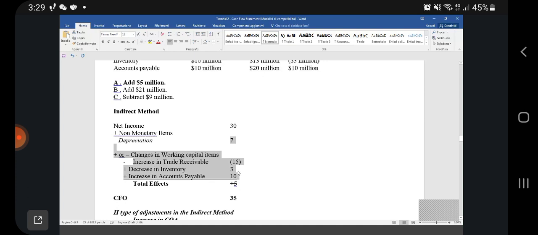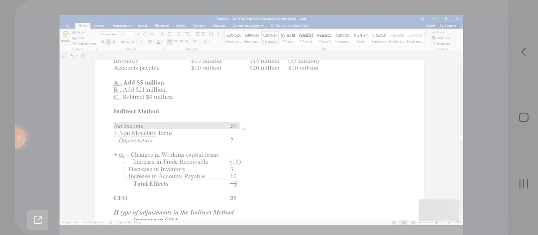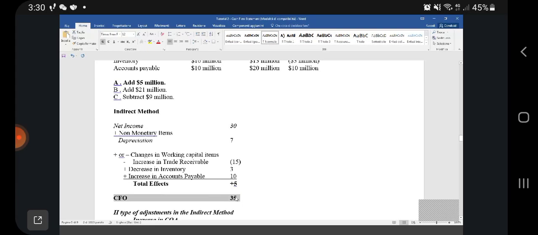This is the total effect of adjustments only. If the total effect of adjustments is plus 5, that means that if you start from a net income equal to 30 million and you add total adjustments of 5 million, the cash flow from operations should be 35 million. Can you recognize the difference between the total adjustments and the cash flows from operations?